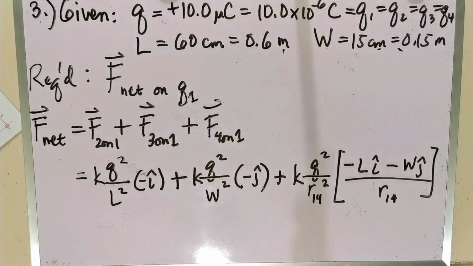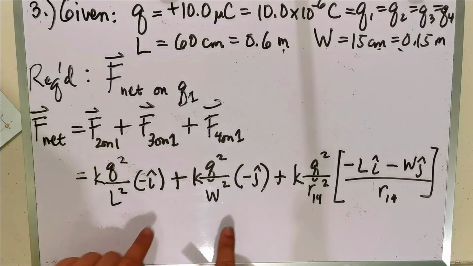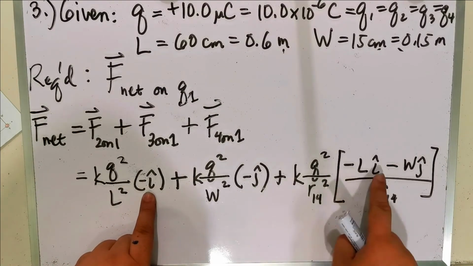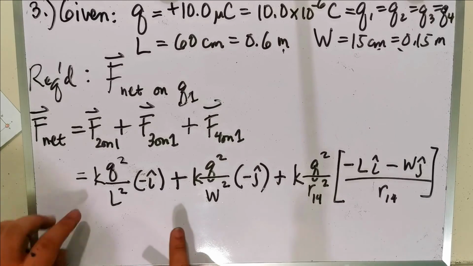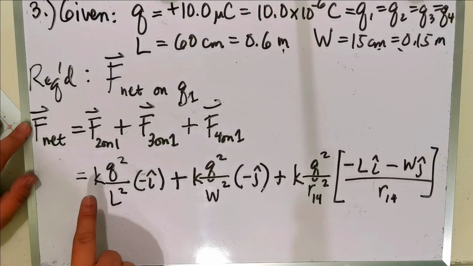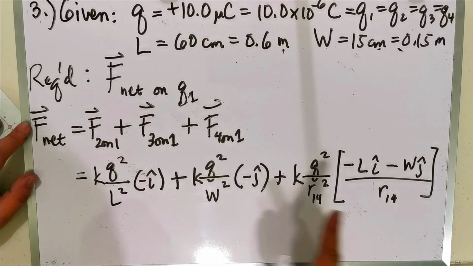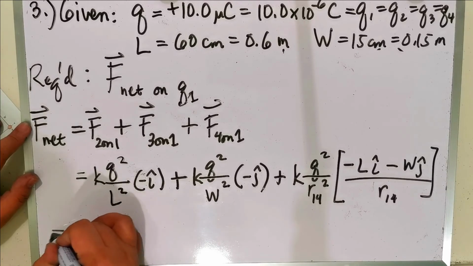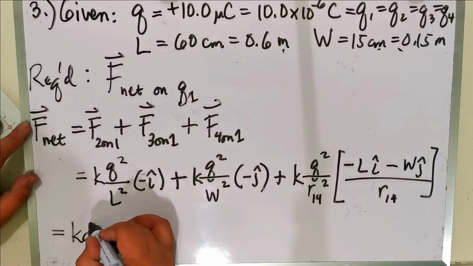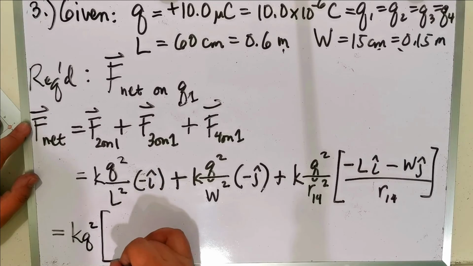If we combine like terms, remember in vector addition we cannot simply add unless they have the same unit vector. So the I hat terms must be combined together. Looking at our equation, k Q squared is a common factor in all terms, so we can factor it out, and this becomes k Q squared times the quantity.